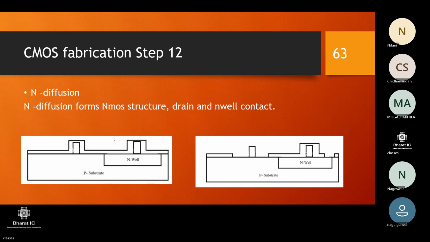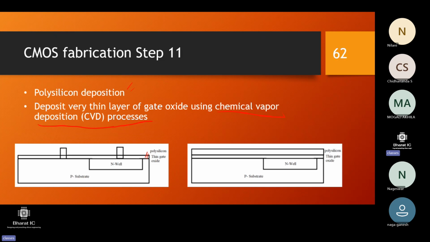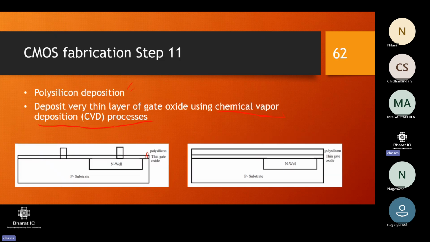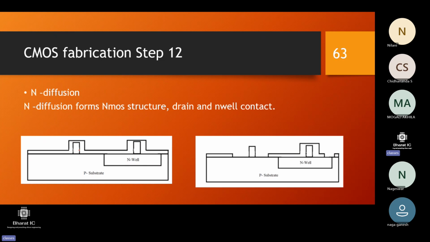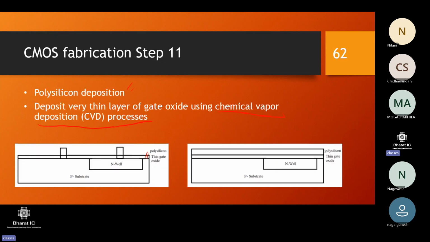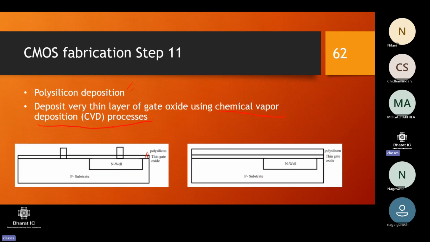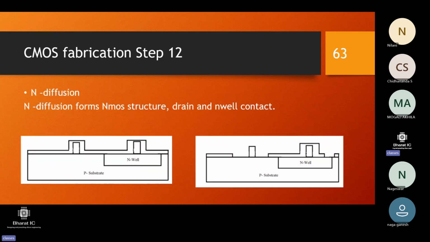After this structure is done, you see your thin gate oxide is already in this part, and on top of it a polysilicon material has been added properly. Then the same kind of masking, with light falling from the top through the mask, is done again using the photoresist material. Same step every time.